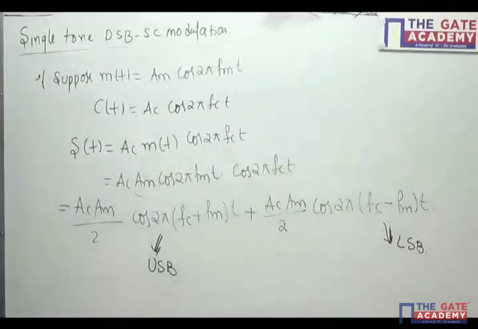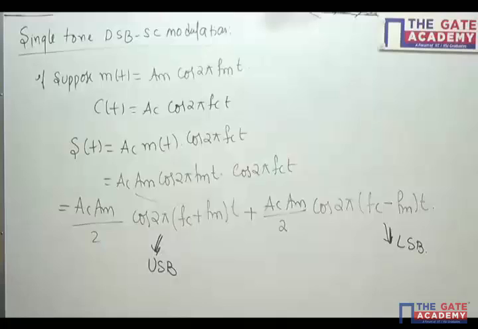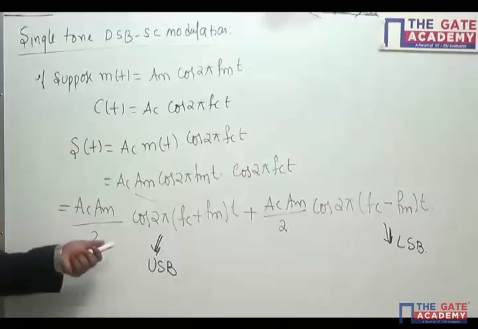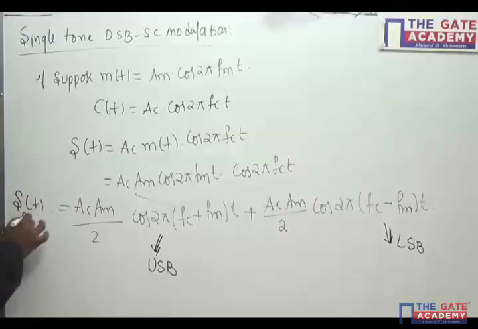So you can observe in the singleton DSBSC modulation also, we have only the side bands. There is no carrier. So it's double side bands, upper side band and lower side band, but there is no carrier. This is the singleton DSBSC expression.